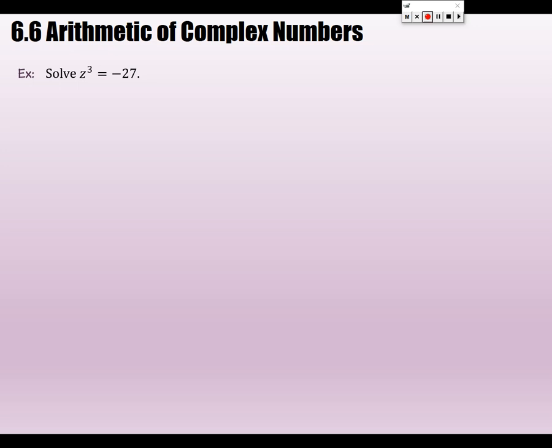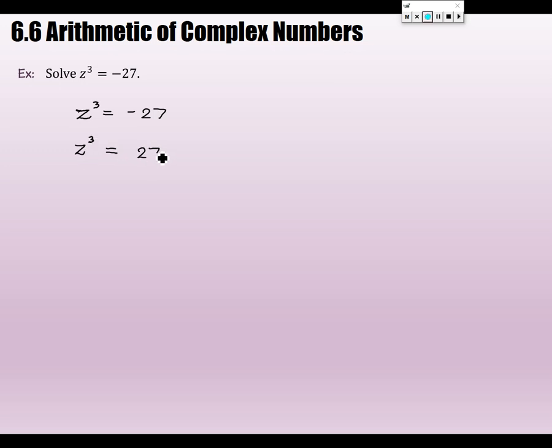All right, so here we go. I just want to walk nice and slowly through how you might do this. So z cubed equals negative 27. Now, I just want to make sure you're clear. In the future, as we move forward with this, we're not using the calculator. We'll write this first in polar form.